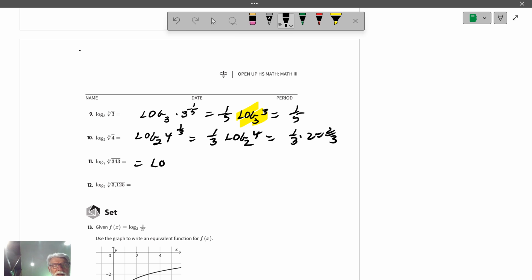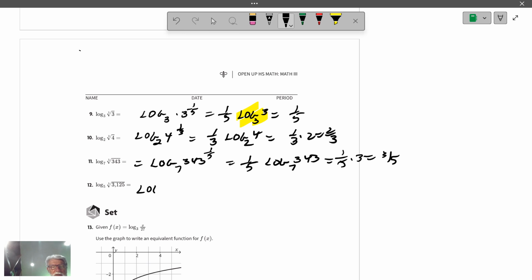The next one will be the log of 343 to the 1/5 power in base 7, which is 1/5 the log of 343 in base 7. The log of 343 in base 7 is equal to 3. That's 1/5 times 3, which is 3/5.